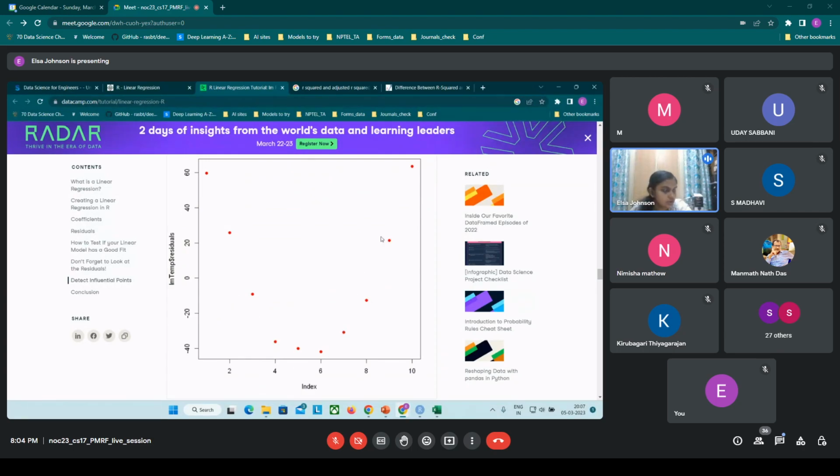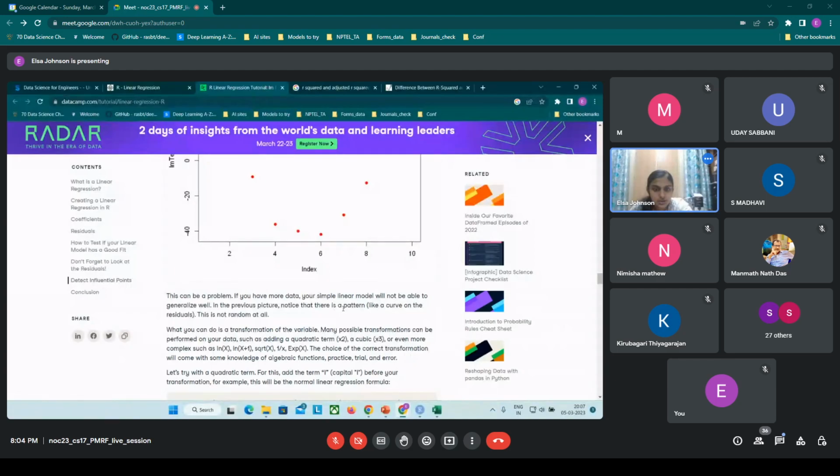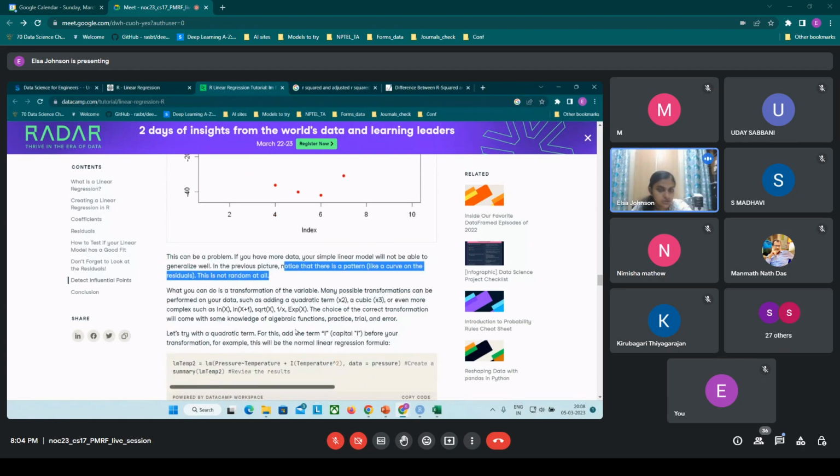You can see there is a curved shape, there is a pattern. If you have more data, the simple linear model will not be able to generalize well. It's not random, so you should be aiming for a random plot when you are plotting the residuals.